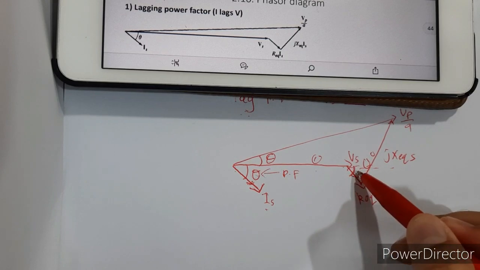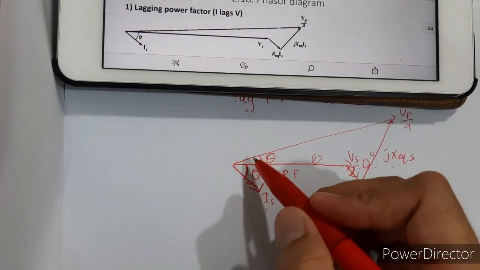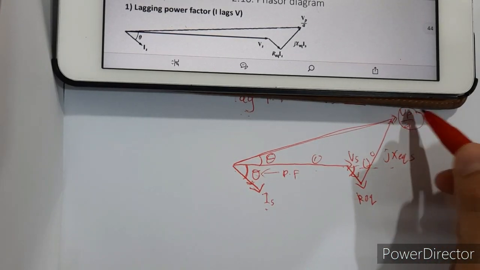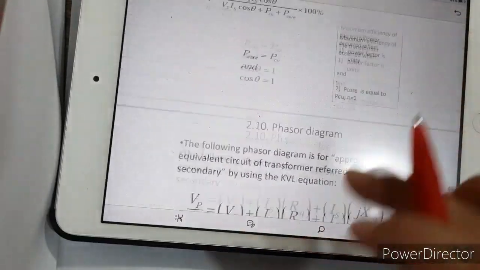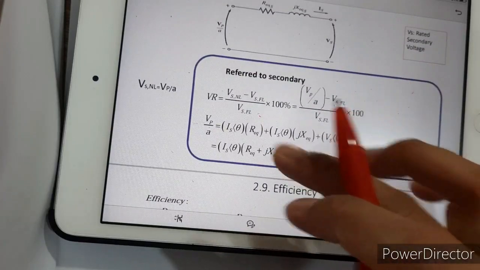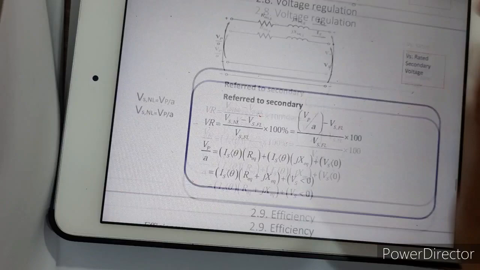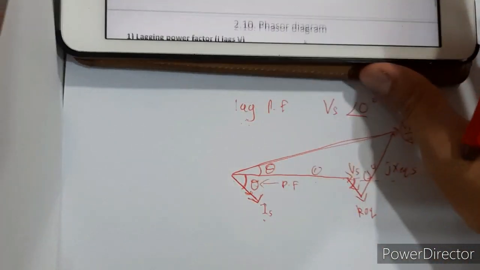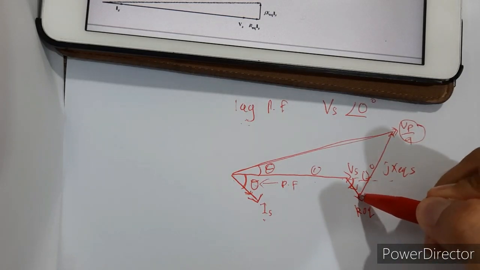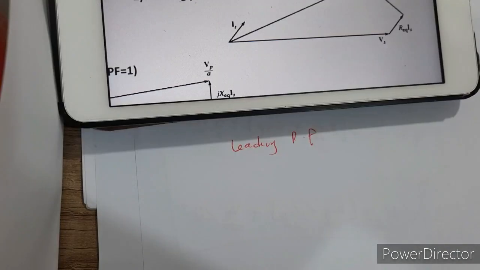This is R equivalent S. And then you draw the VP over A, the voltage that you find from voltage regulation, either VP over A or VP. Lastly, you just connect R equivalent and JX equivalent. So this is for lagging power factor.